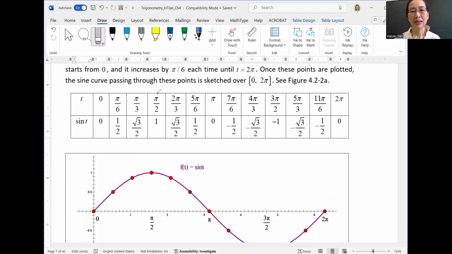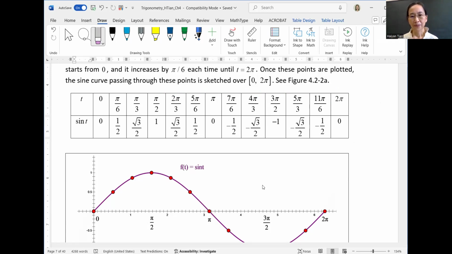I want to increase the t value by another pi over 6, and then by another pi over 6. And then I will get pi. And then just keep increasing the value of t by pi over 6 until I get 2 pi, which returns to the same position as we started with. That's the 0, because 2 pi is a complete rotation. So the terminal side will overlap with the initial side again. So it has the same terminal side as t equals 0. So that finishes one complete cycle.